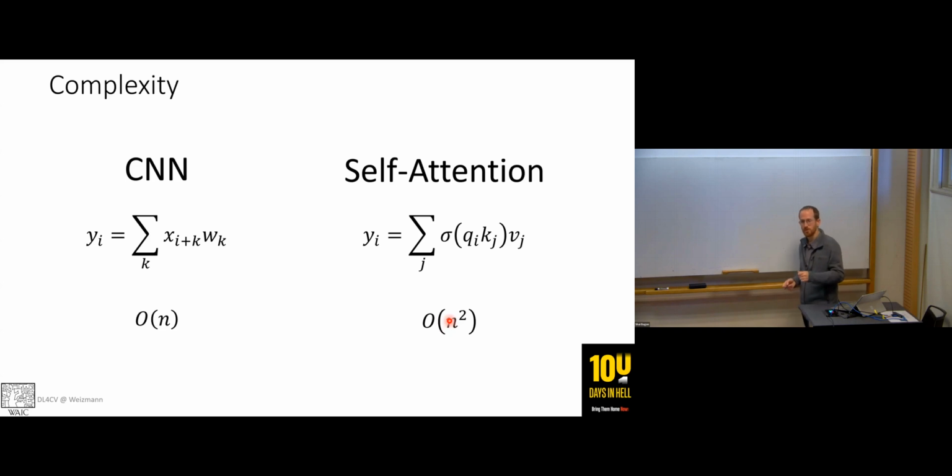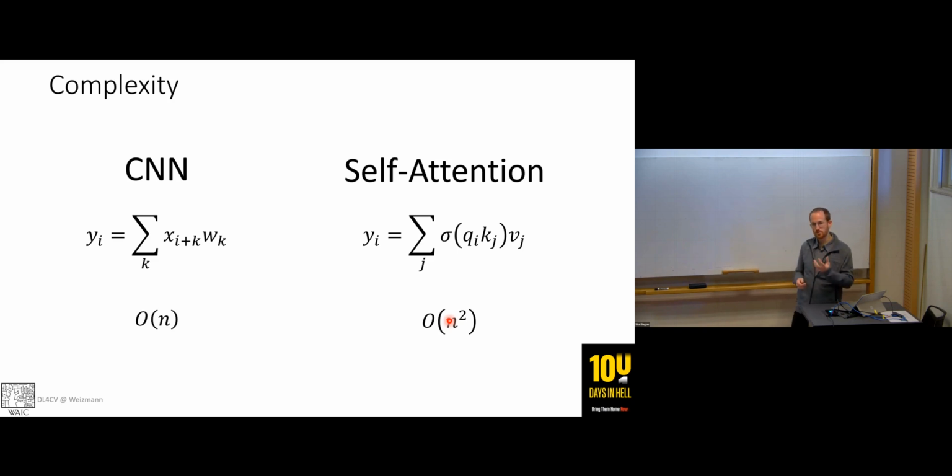So if we have twice as large an image, it will take twice the time for a convolution, but 4 times the memory for a transformer. And this poses a huge bottleneck on the image resolution we can process, and the sizes of GPUs that we need in order to do this.